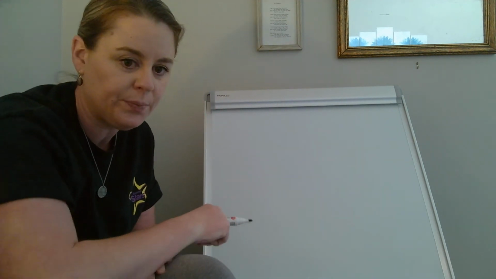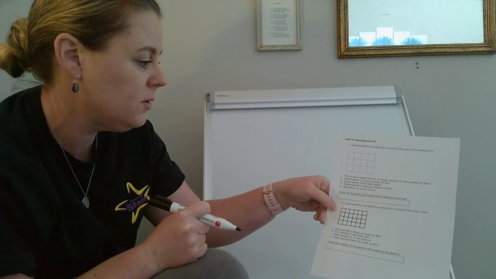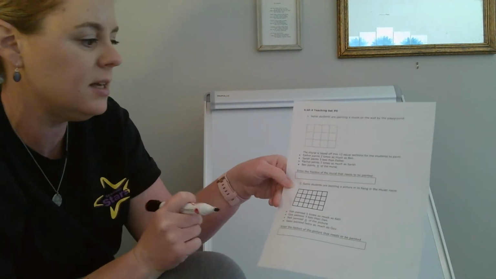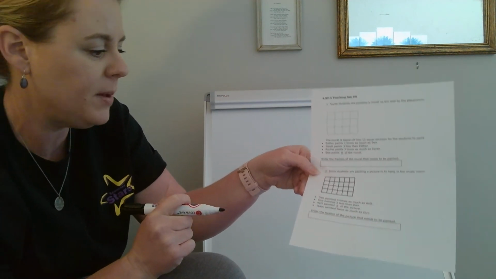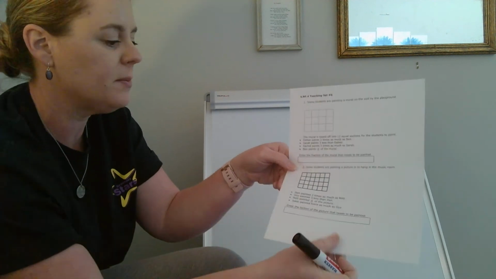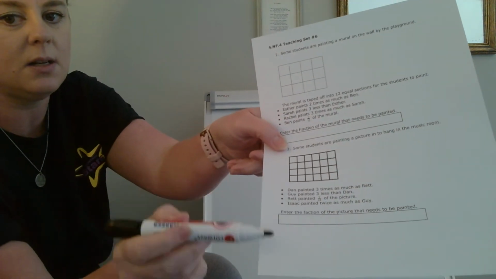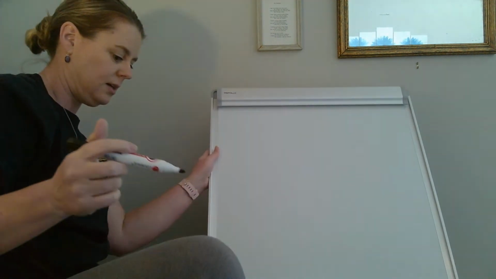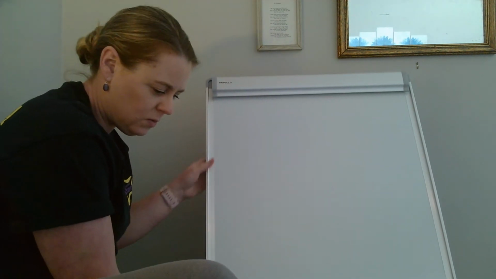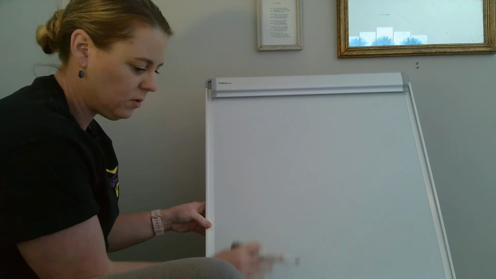So number 2 here is some students are painting a picture to hang in the music room. Dan painted 3 times as much. I'm just going right through this. And so it's 1, 2, 3, 4, 1, 2, 3, 4, 5, 6.